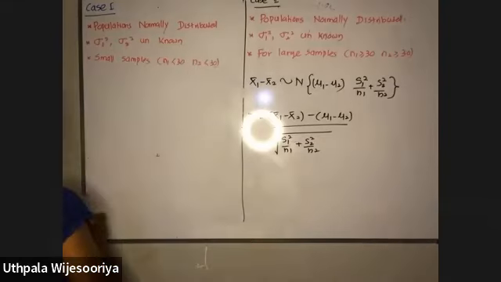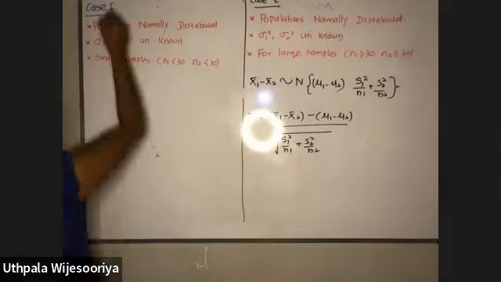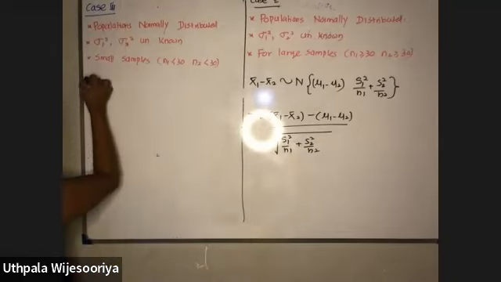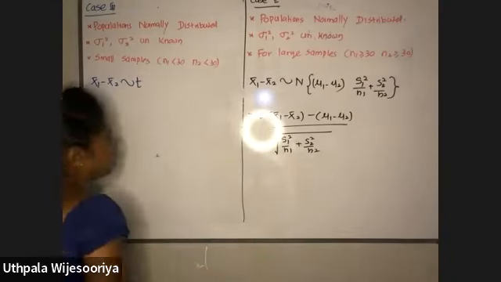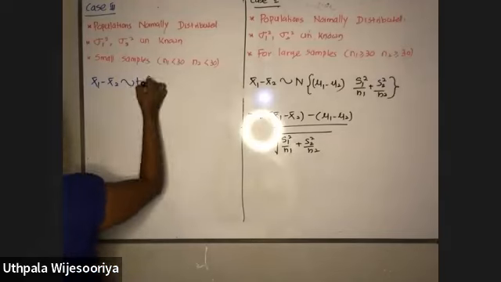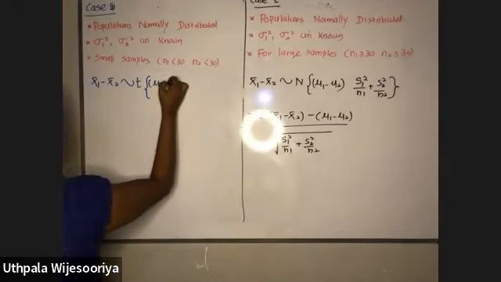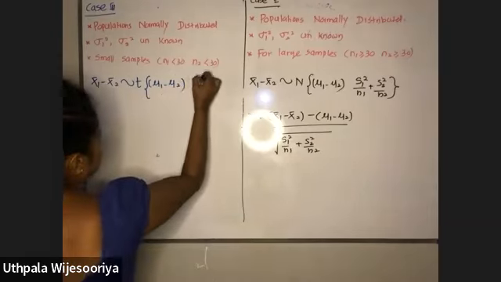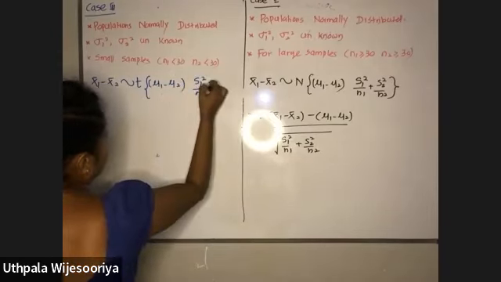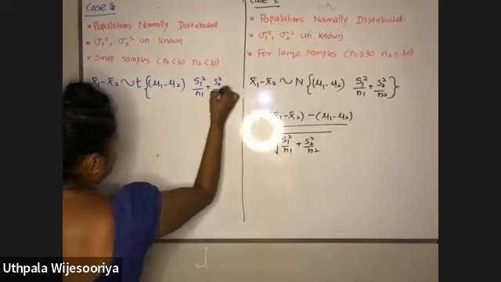What will happen? X bar 1 minus x bar 2 does not follow the normal distribution. Now it follows a T distribution with mean mu1 minus mu2. The variance is S1 square over n1 plus S2 square over n2.